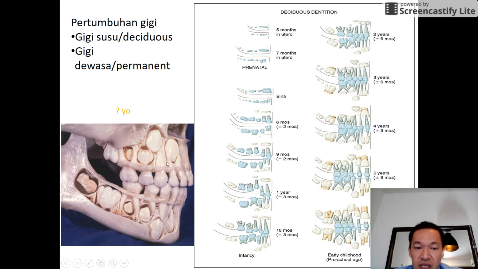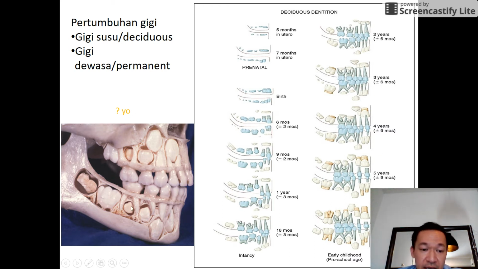So you can see that actually we are looking at a human's mixed dentition. Mixed means that these are the first set of the milk teeth, and these are the permanent teeth forming. This would be a permanent tooth waiting to be erupted.